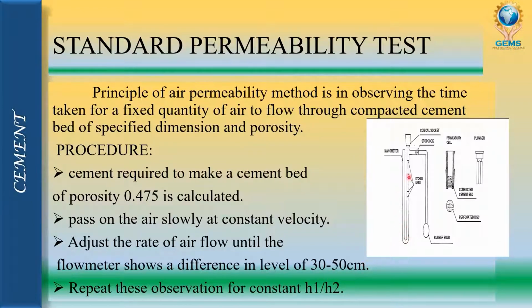This image shows the flow meter, and it will show the difference in level of 30 to 50 centimeters when the fixed air flows from H1 to H2. Repeat this observation for constant H1 by H2. This will show the fineness of cement, and this is the standard permeability test.